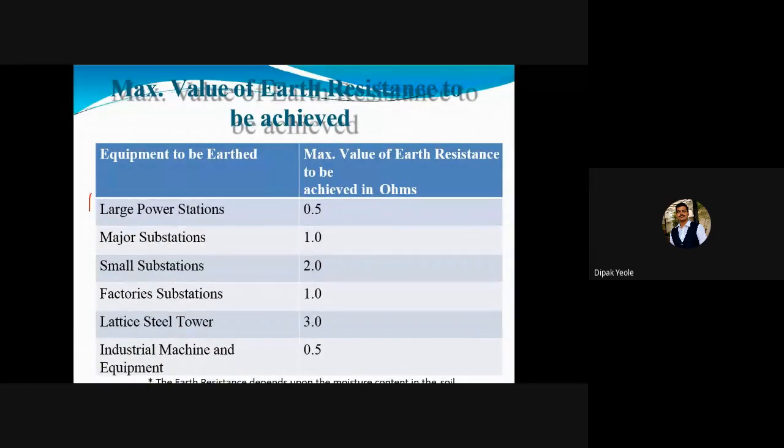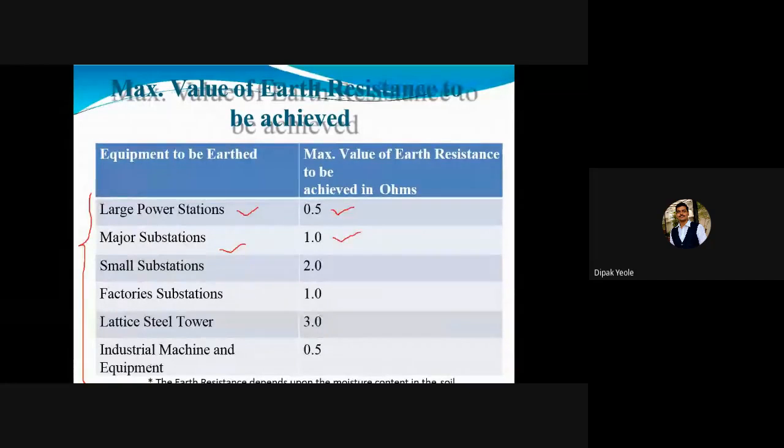आता हा टेबल खूप इम्पॉर्टंट आहे बरं. तुम्हाला याच्यावरून बरेचसे क्वेश्चन्स हे बघायला मिळतील गव्हर्नमेंट एक्झाम मध्ये. इक्विपमेंट्स टू बी अर्थ, आणि इकडे व्हॅल्यू लिहिली आहे की मॅक्सिमम व्हॅल्यू ऑफ अर्थ रेजिस्टन्स टू बी अचीव्ड इन ओहम्स. म्हणजे लार्ज पॉवर स्टेशन असतात ना, त्यांची तुम्हाला अर्थ रेजिस्टन्स हा 0.5 ओहम मेंटेन करणं गरजेचं आहे. For major substations you have to maintain 1 ohm.